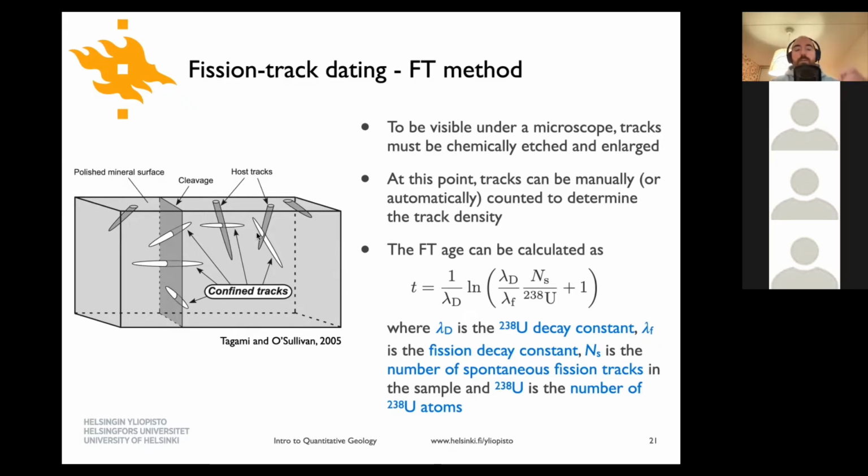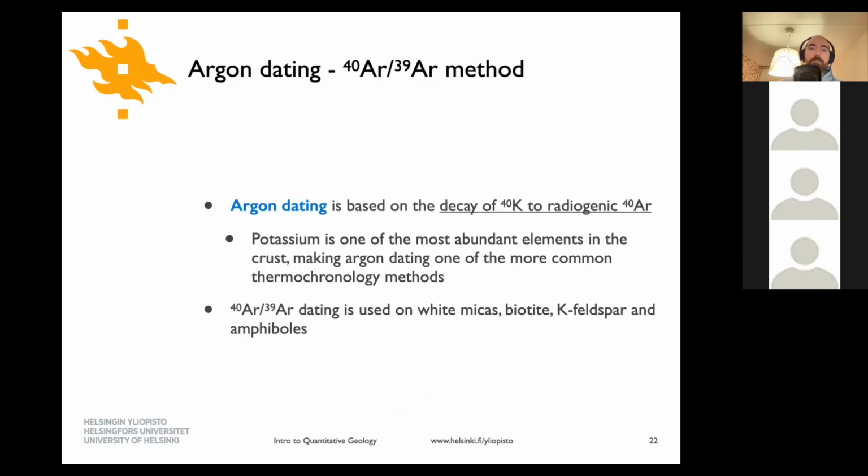These are still good to give us some sense of the density, but obviously near the surface there are possible problems that could arise. If you polish your surface more, you'll change the number of tracks you might see, for instance. But the confined tracks here, which can be generated by either cleavage or a sort of host track that allows acid to flow into these others, are the ones that are typically more appealing.